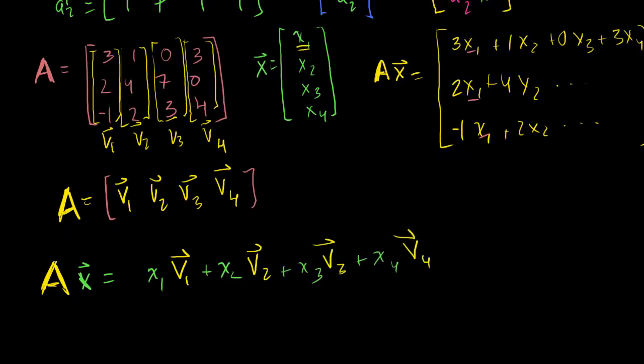And obviously, if we had n terms here, we'd have n vectors here, and we could just make this more general to n.